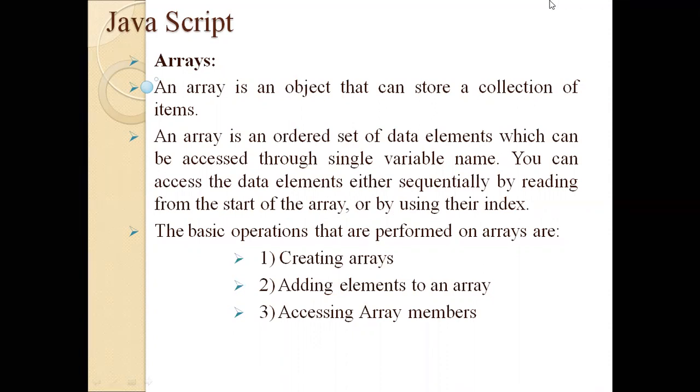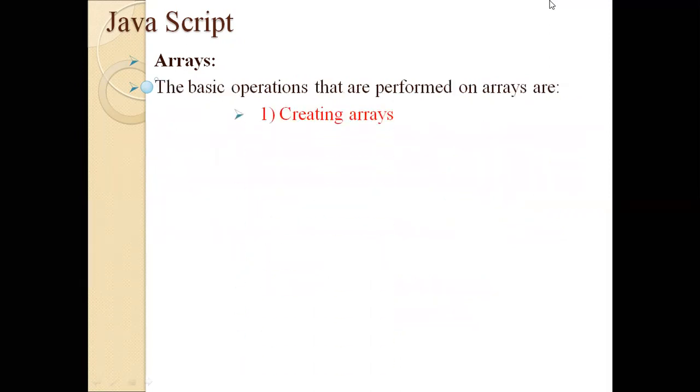First, we need to create an array, then we have to add some elements to that array, and we need to access the elements of that array, right? So let us have a look at how arrays can be created in JavaScript.